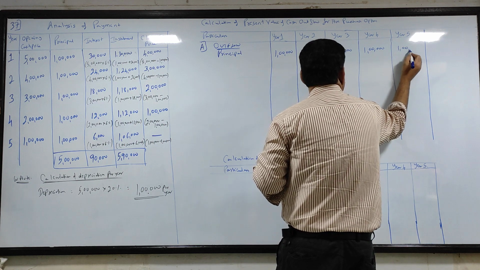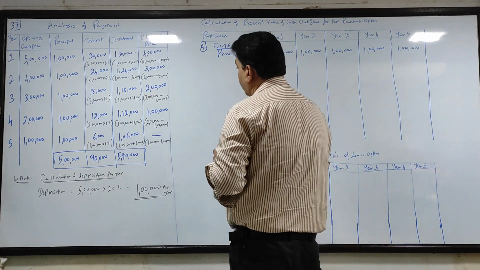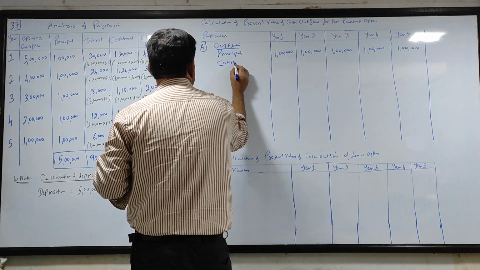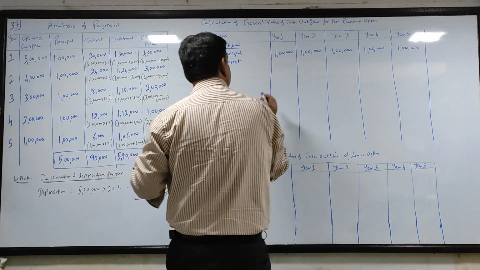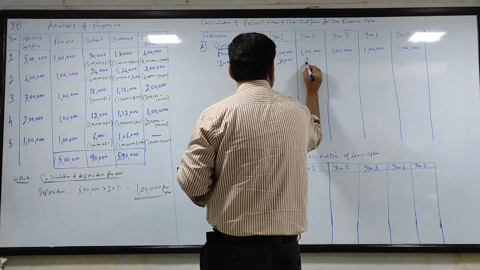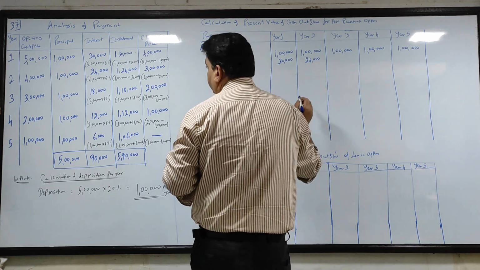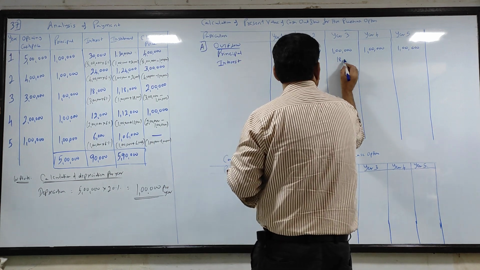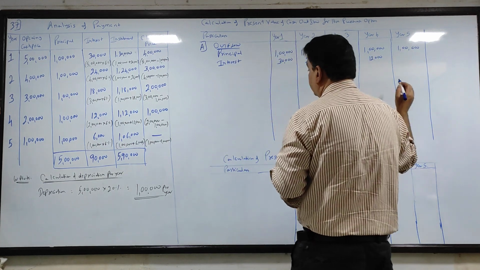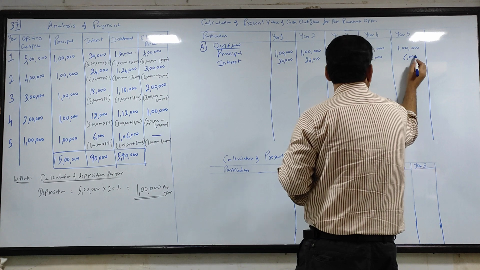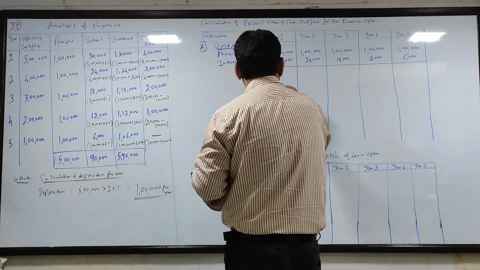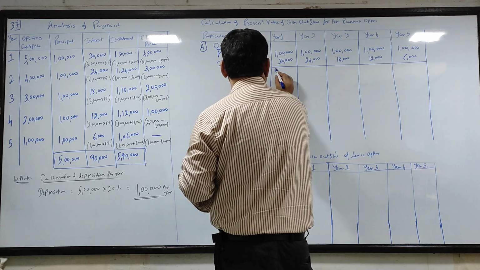One lakh. Okay. Then interest. Every year ka interest: 30, 24, 18, 12 and 6.